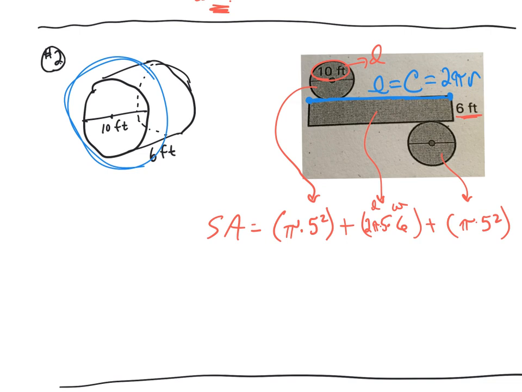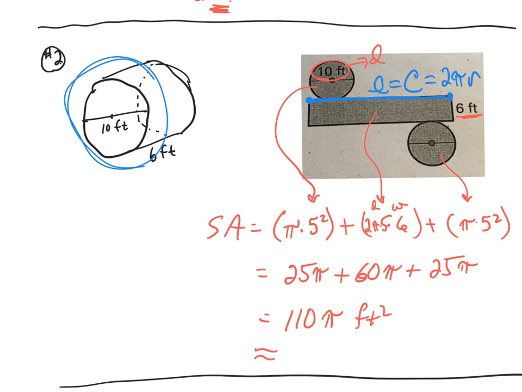And then I'm going to show you this answer, both exact and approximate. Pi times 5 squared is 25 pi. 2 times 5 times 6 is 60 pi. And then again, I'd have a 25 pi there. So my exact answer would be 25 pi plus 60 pi plus 25 pi, which is 110 pi altogether.